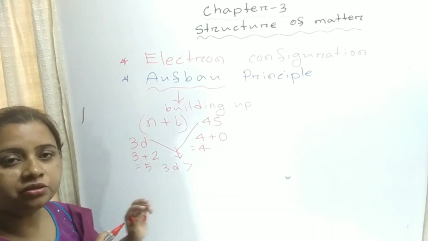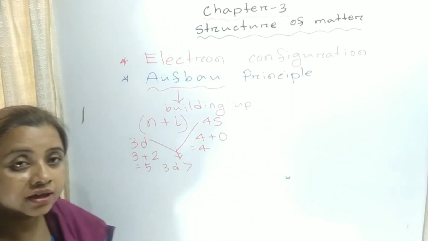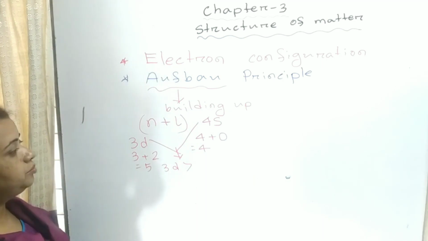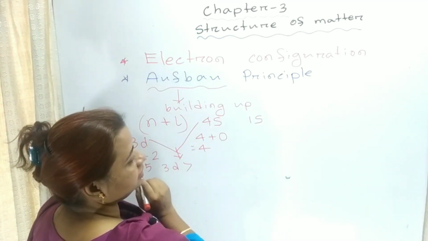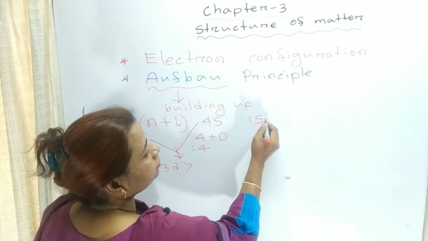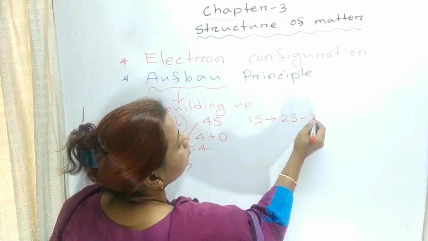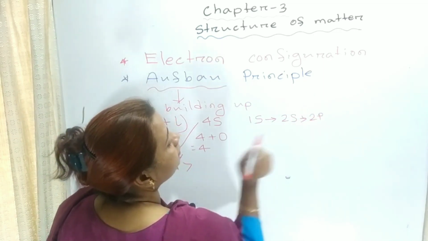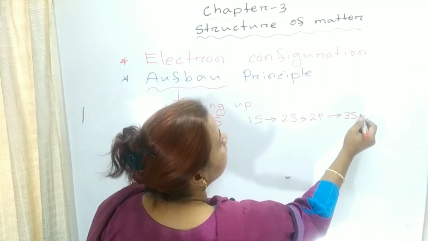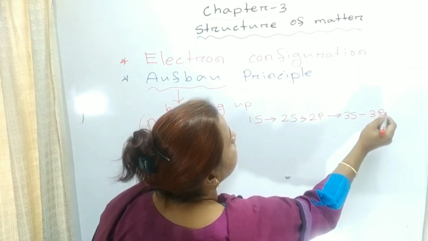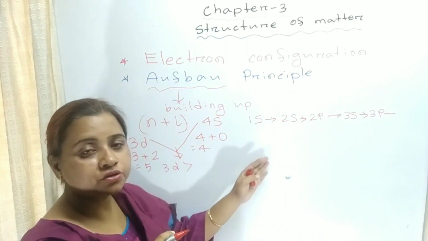Is that clear to you? So electrons will enter according to their energy. Suppose at first electrons will enter into 1s orbital, then to 2s orbital, then 2p, then 3s, then 3p, then where is the electron supposed to enter?